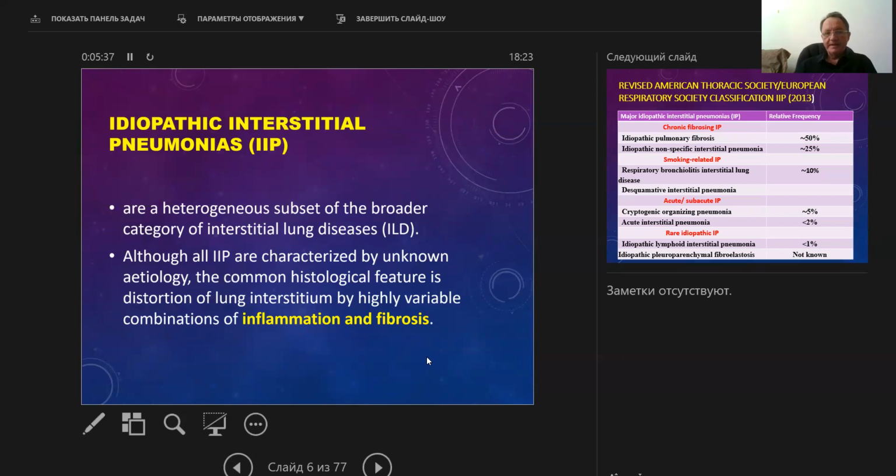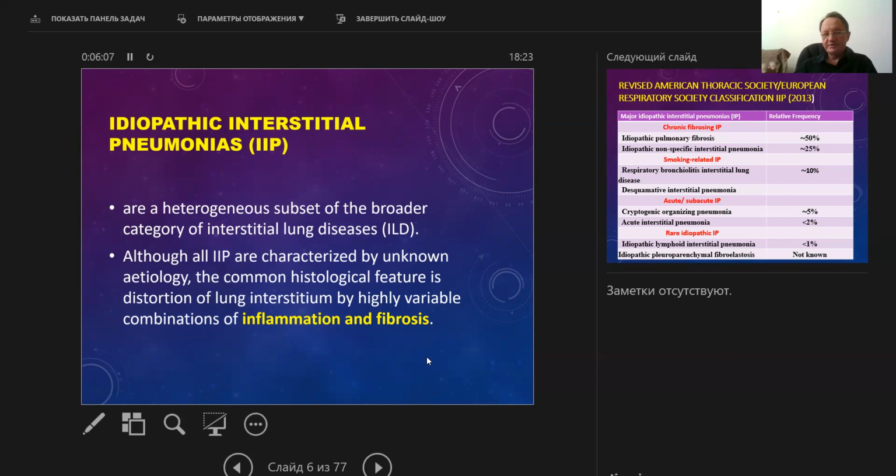So, idiopathic interstitial pneumonia is a heterogeneous subset of the broader category of interstitial lung disease, characterized by unknown etiology. The common histological feature is distortion of the lung interstitium by a highly variable combination of inflammation and fibrosis.